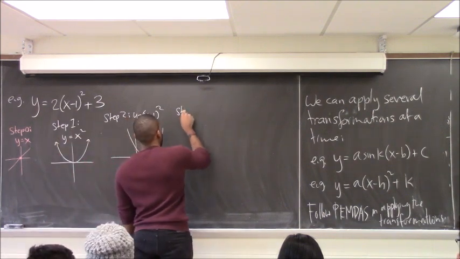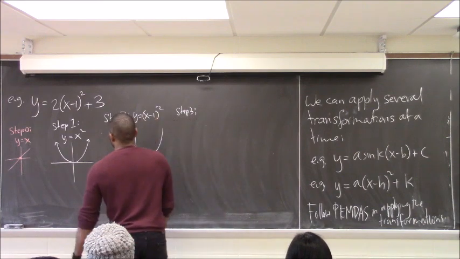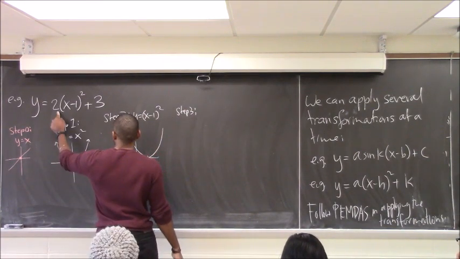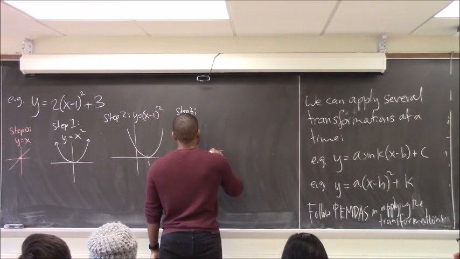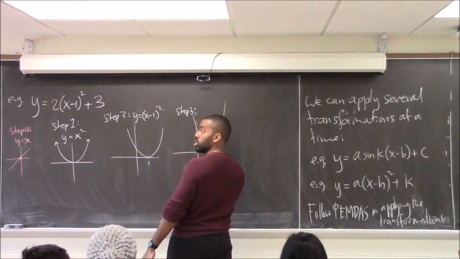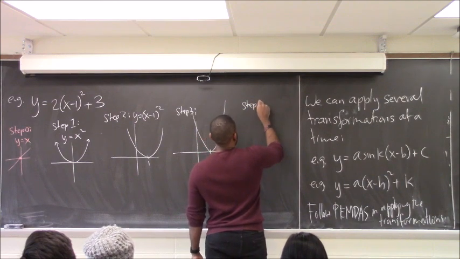Step 3. So we already took care of the exponents and the parentheses. Next thing to take care of was the stretching. So this is going to be stretched skinnier, but with a parabola you're not even going to really notice, not drawn to scale. And then step 4.